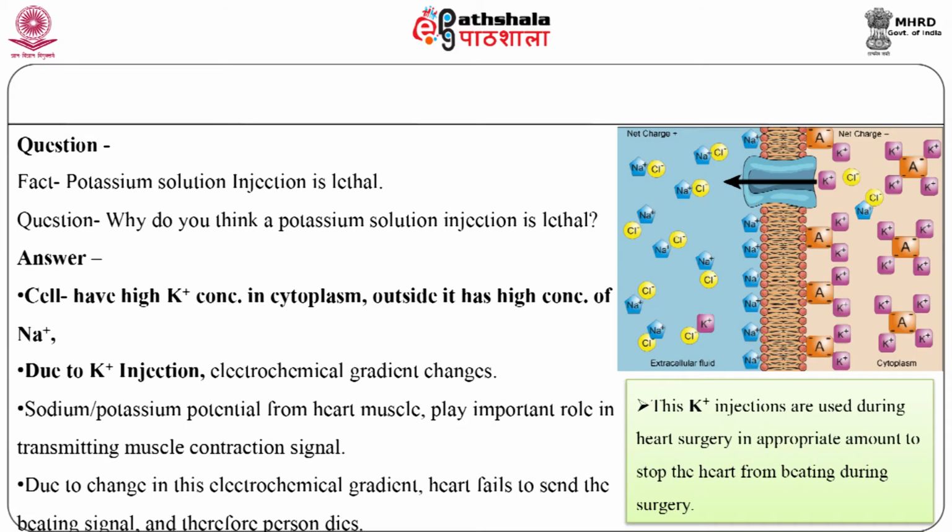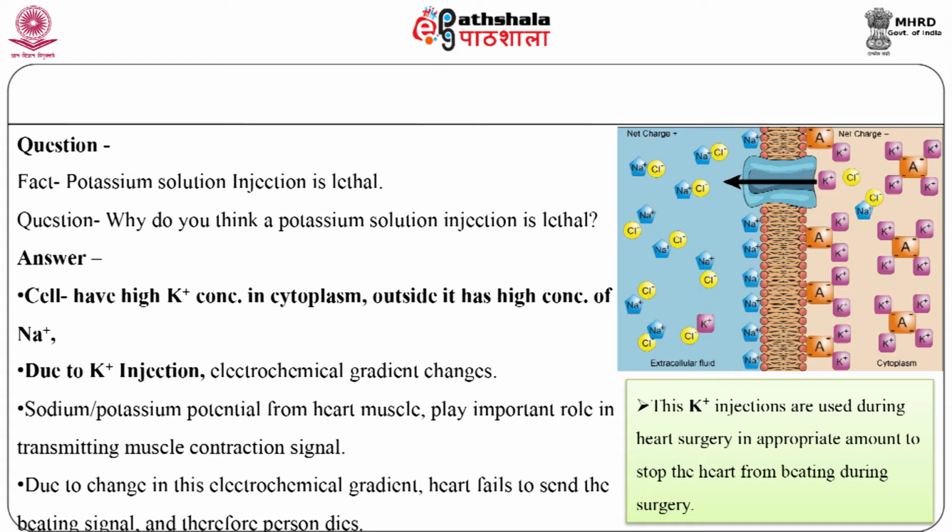If it is a fact that potassium solution injection is lethal, my question is, why do you think a potassium solution injection is lethal? Answer to this question is, cells have high K+ concentration in the cytoplasm and high concentration of Na+ outside. Due to K+ injection, there is high concentration of K+ ions outside the cells which changes the electrochemical gradient.